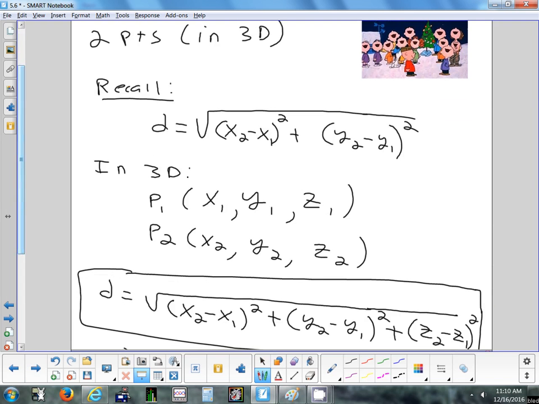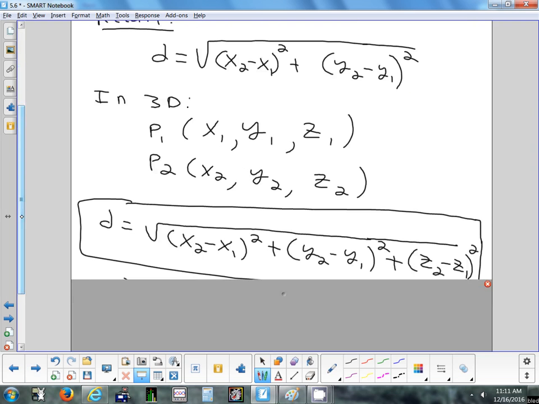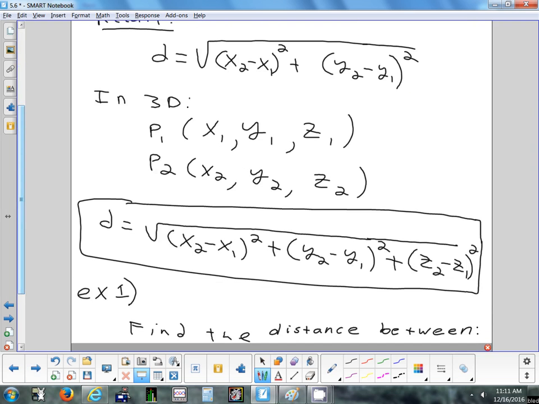Finding the distance in 3D is a very, very simple extension. You still take the difference in the x's, square it, plus the difference in the y's squared, and now you add the difference in the z's squared. Add all that up, and then take the square root.